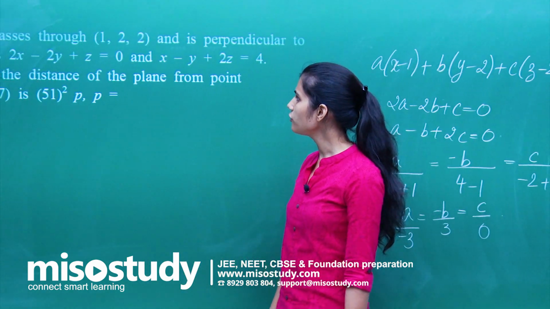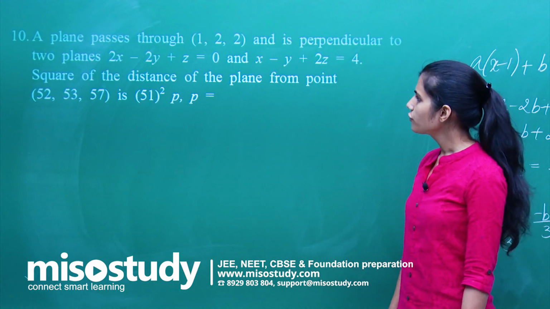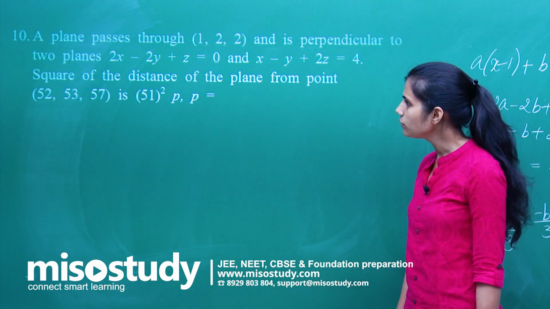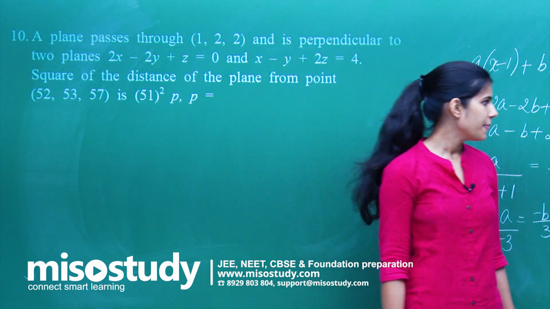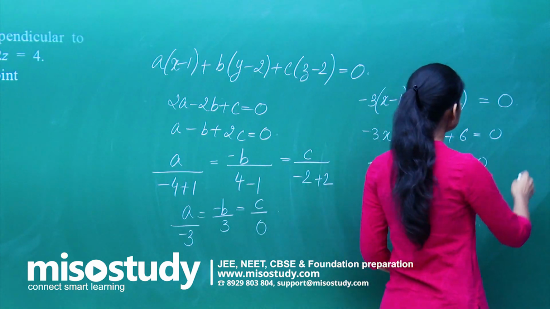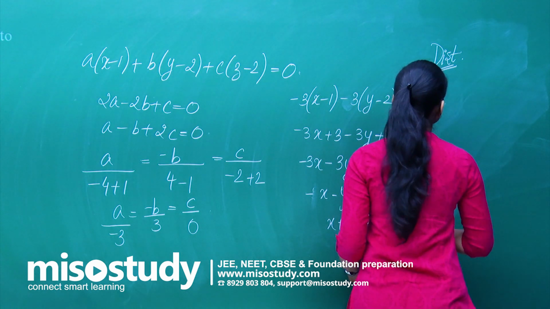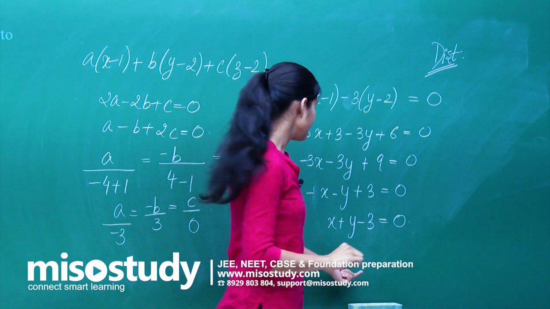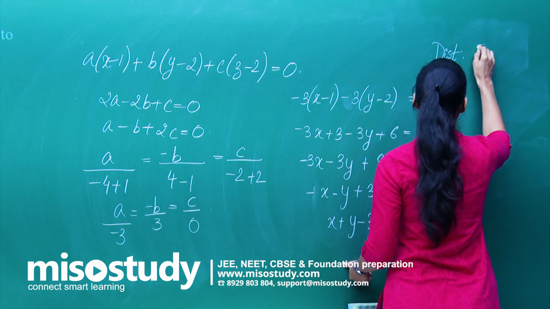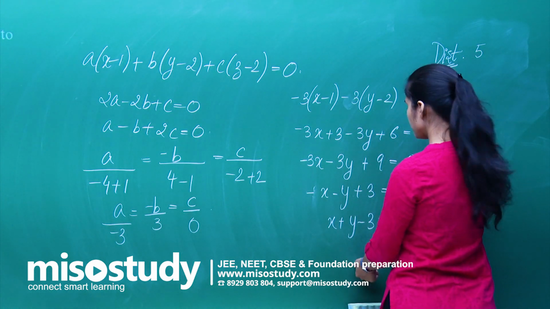It is given that the square of distance of the plane from this particular point is 51 whole square into p. Then what is p? So what is the distance? Distance is given to you as basically what it is going to be. It's 52, 53, 57.